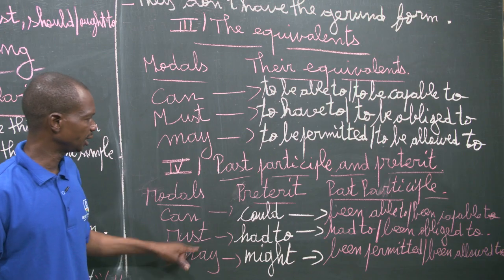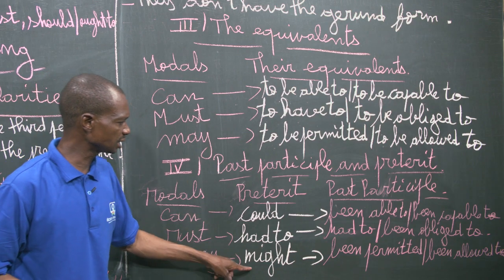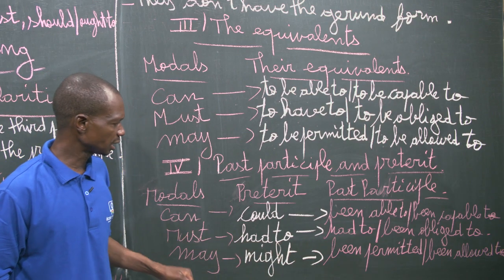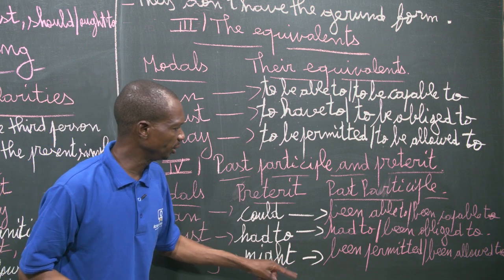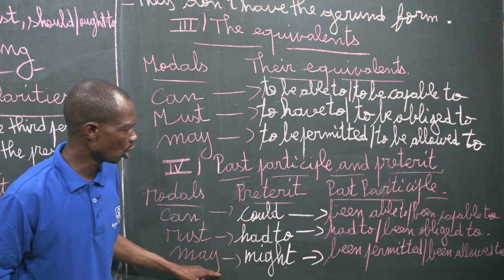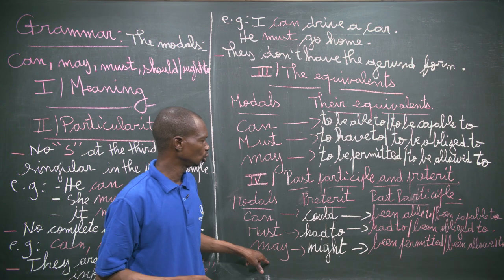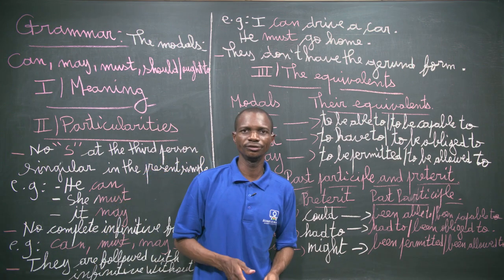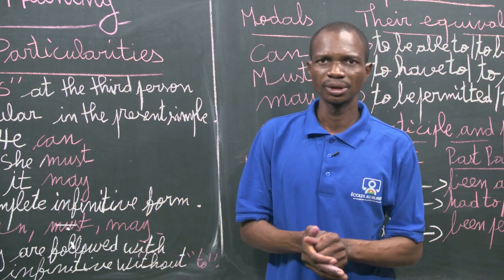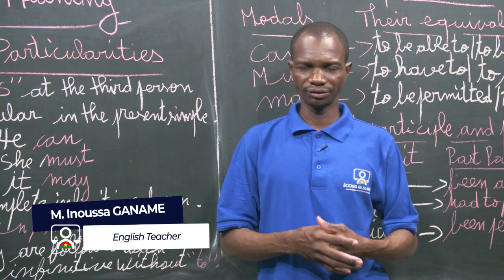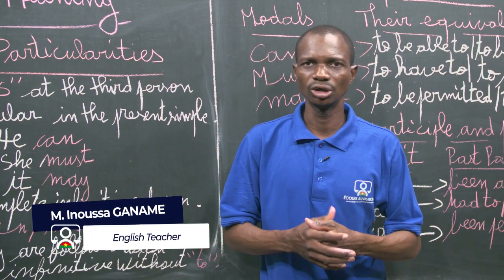And may, the preterite or simple past is might, and the past participle is been permitted to or been allowed to. Now we are going to deal with the simple future, present perfect, and the past perfect of the modal auxiliaries.